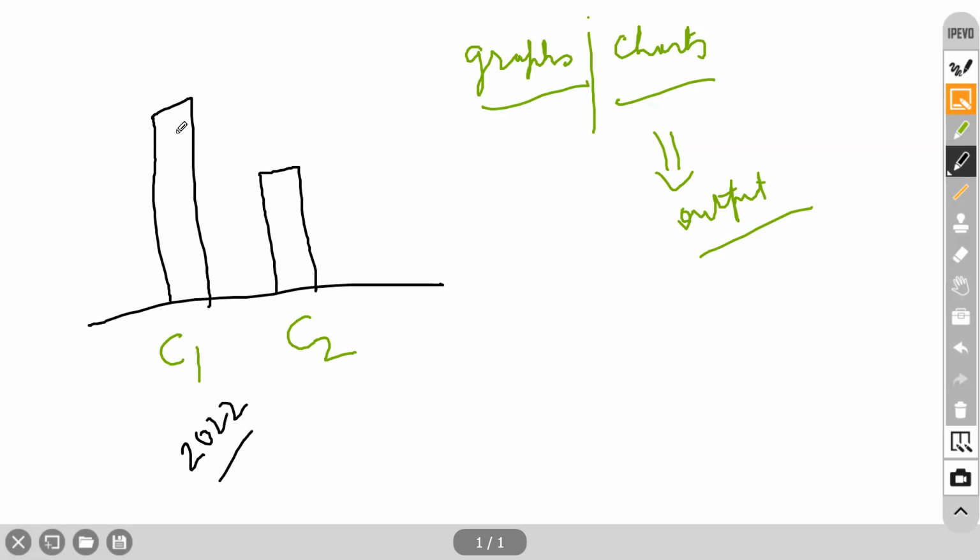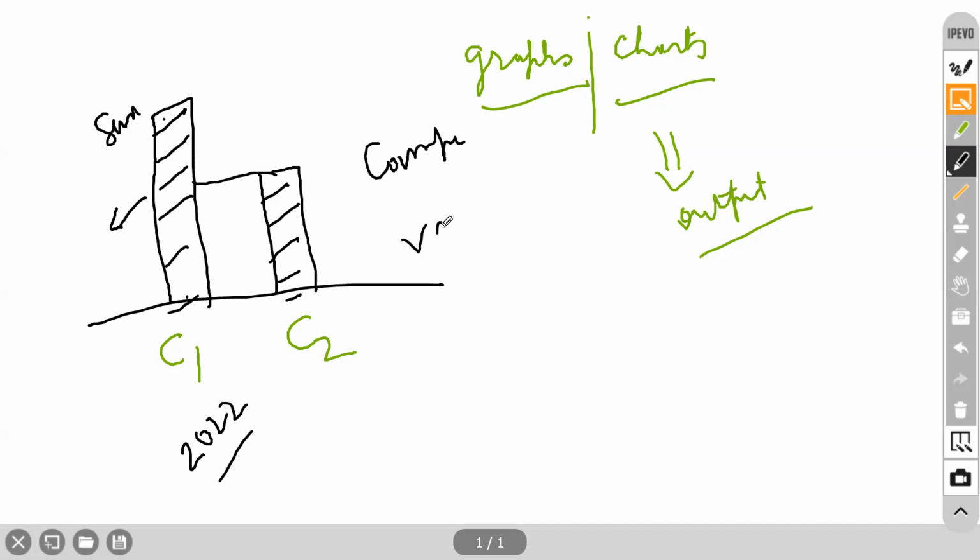So it is summarized information, it is giving you the total sum of the company revenue. Now you know that company 2 is lagging by this much. So you can summarize also, that is what I told you. You can compare also, and the value you are getting. So this is what it is.